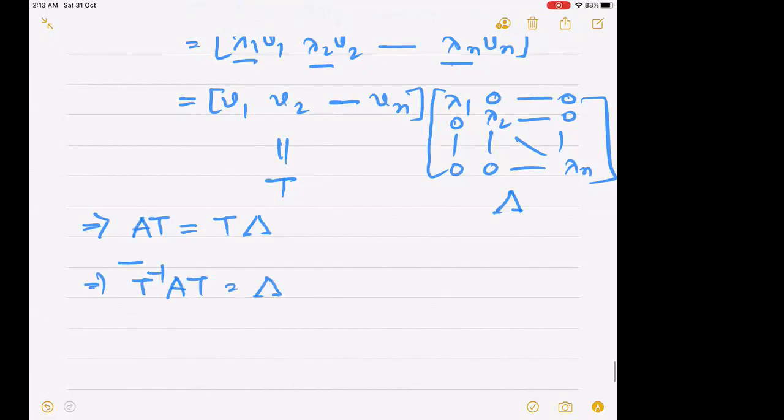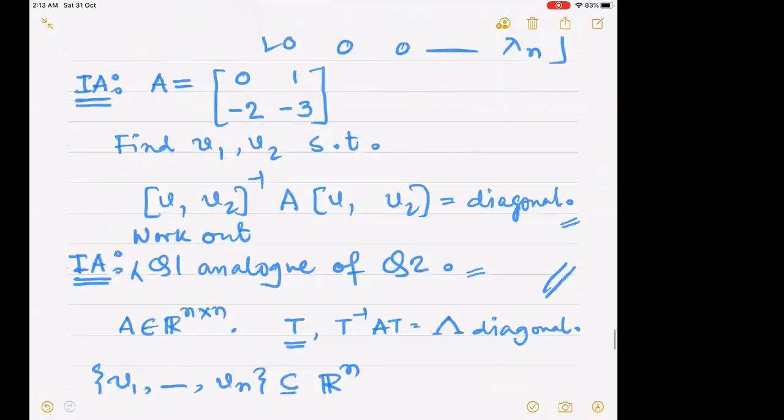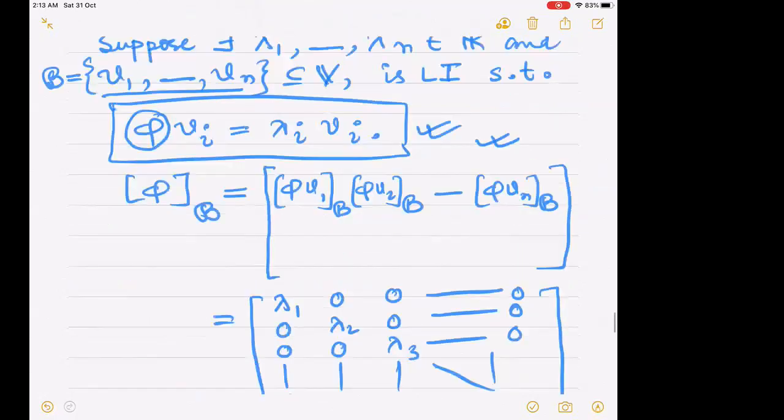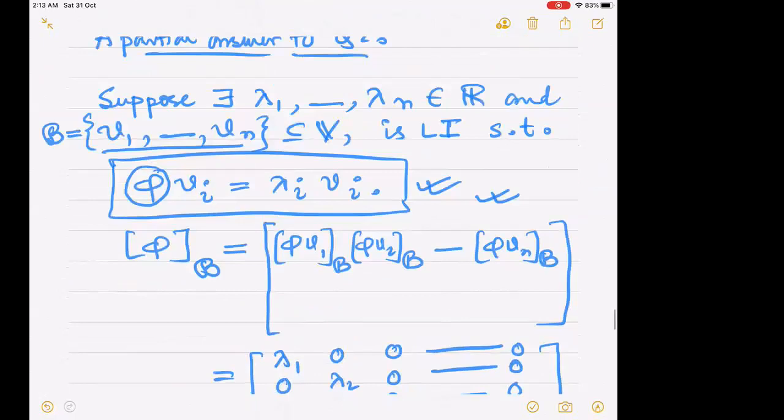So you see, we get back the same thing as we have done before by the abstract idea of eigenvectors and representation of the linear operator in terms of the basis given by the n linearly independent eigenvectors. The representation turns out to be diagonal.